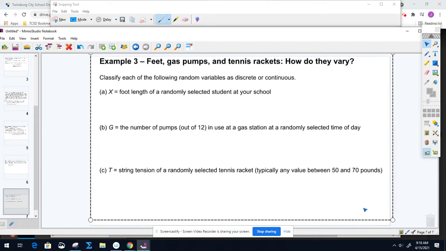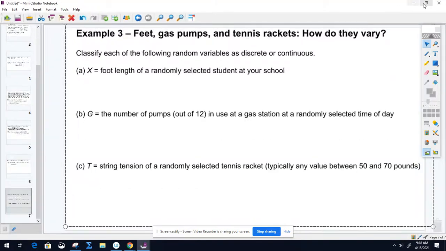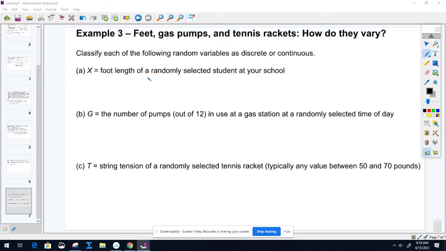Okay. So if we go ahead and look at, like I said, objective 3, a continuous variable a lot of times is dealing with measurement. So classify each of the following random variables as discrete or continuous. If X is equal to the foot length of a randomly selected student, foot length. So we are dealing with a measurement.